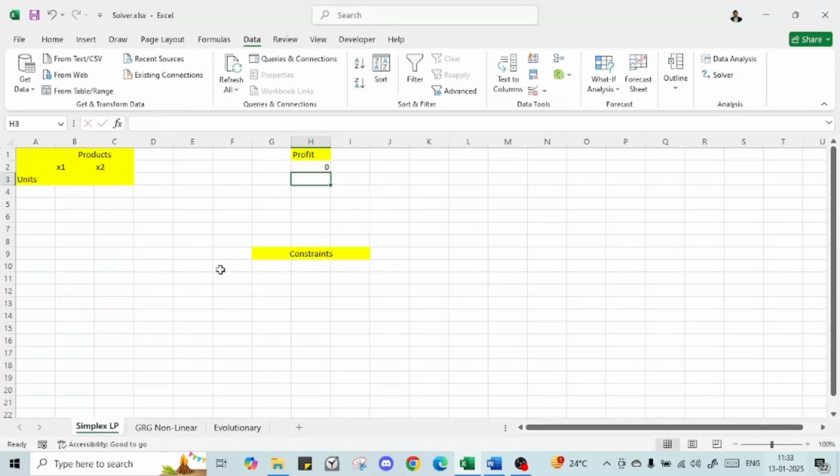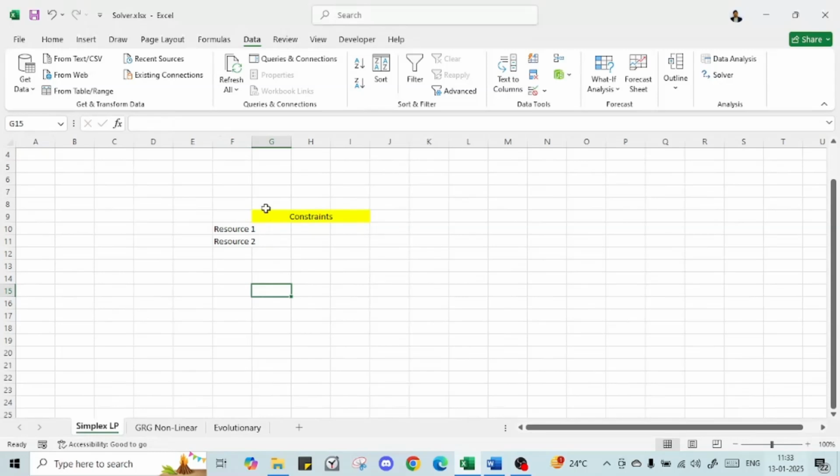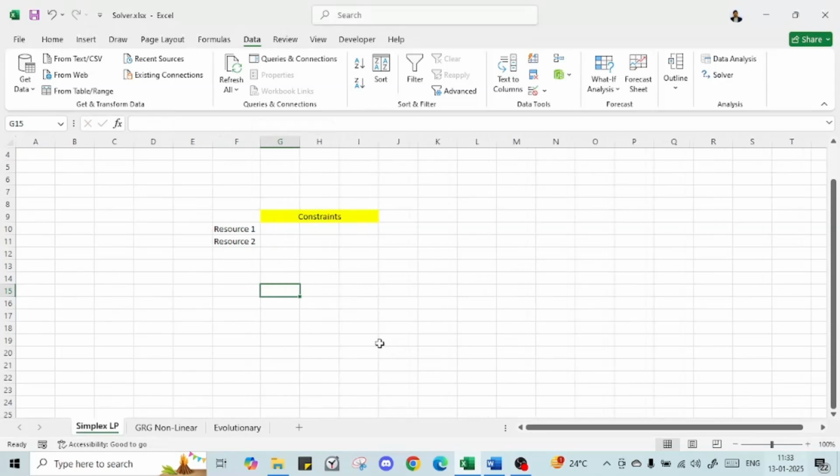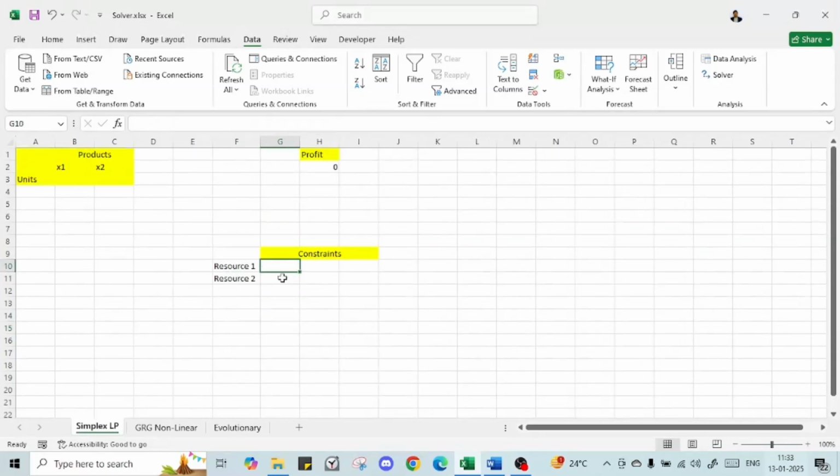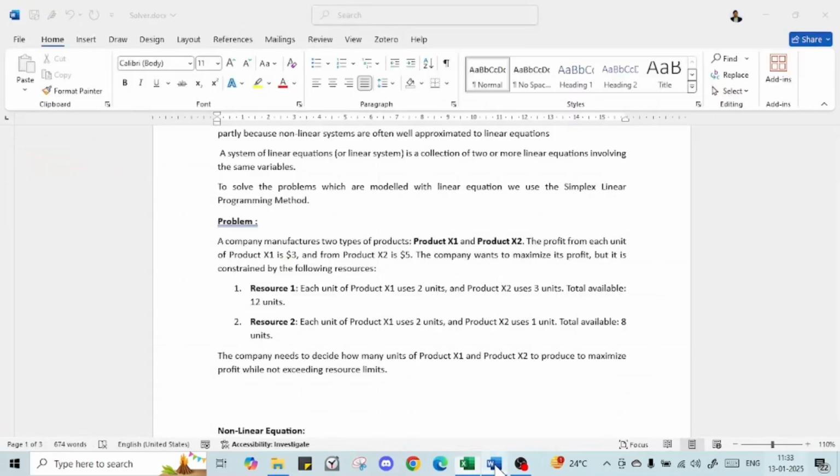The first is resource 1, and this is resource 2. We understood there is a constraint on how many units of product X1 are used.